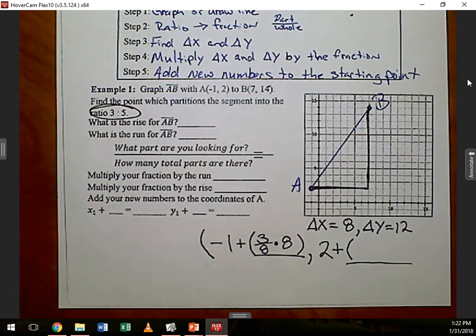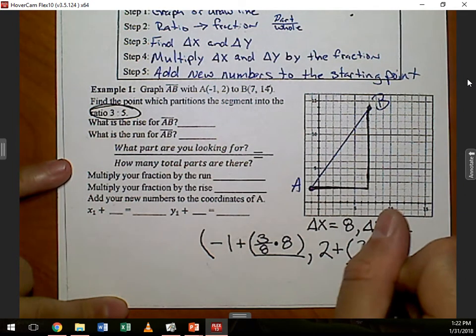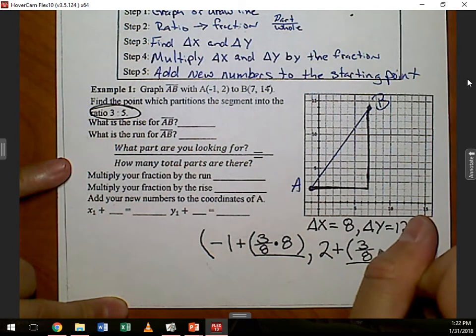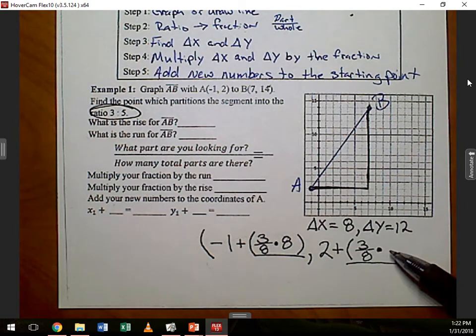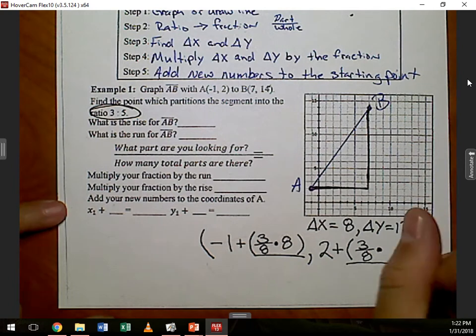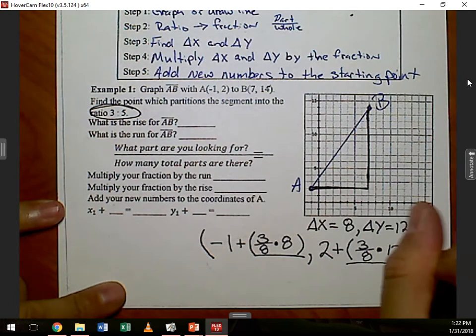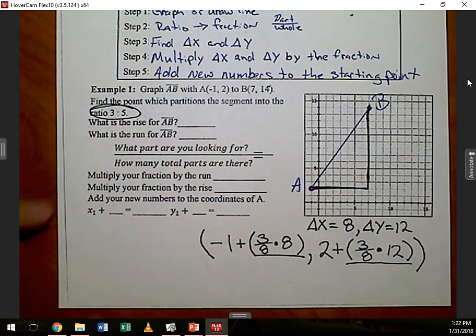What is my fraction? 3/8 times. What number goes next? 12, because that's my delta y, isn't it? Close right here.